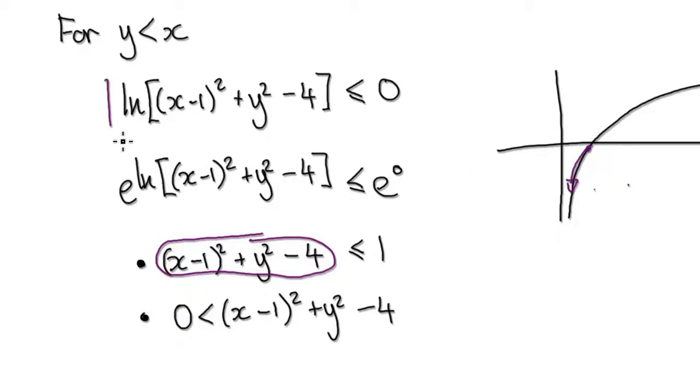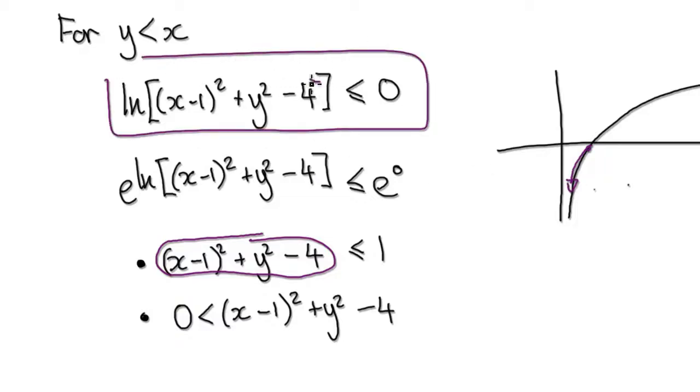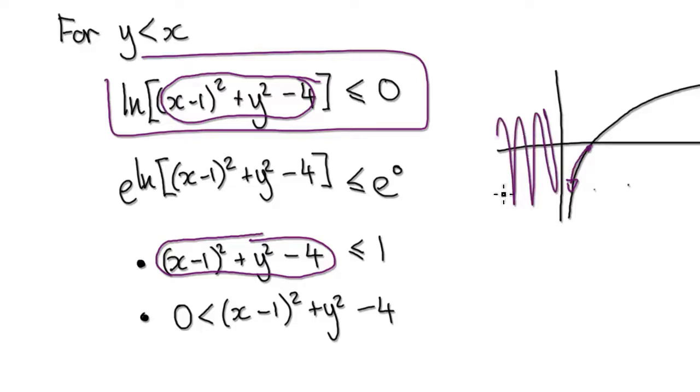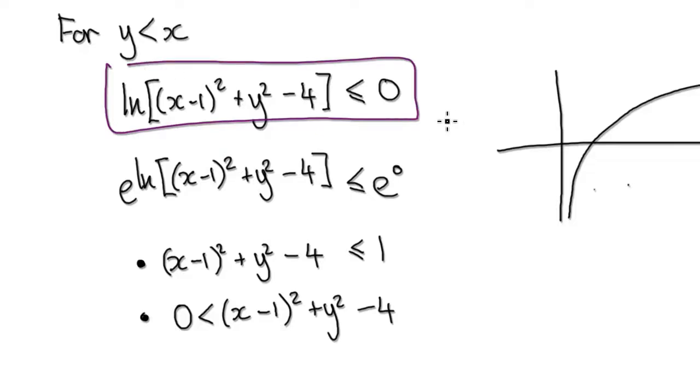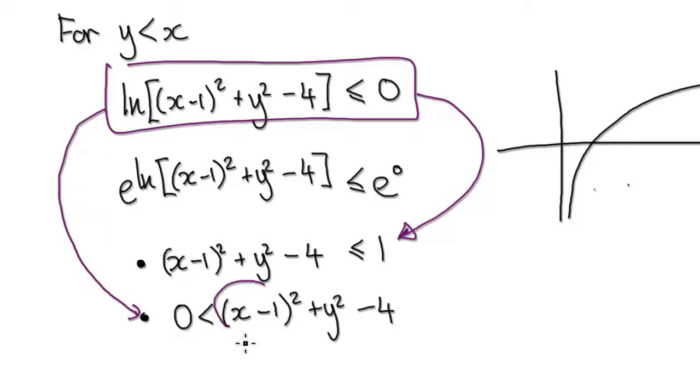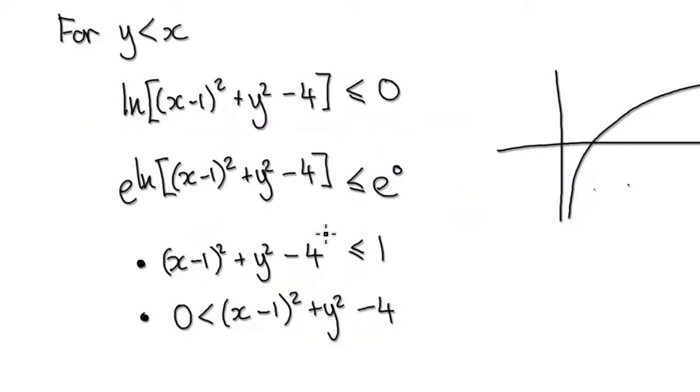But then looking at this, the natural log of anything, we require this thing here to be greater or equal to 0, because anything in the negative realm, this whole thing will break down. So from here we need to make two demands. We need to make this demand, and we also need to make this demand. So this thing here is saying make sure this bubble here is always bigger than 0. So that's from here all the way to here. And this thing here is saying make sure it's less than 1.